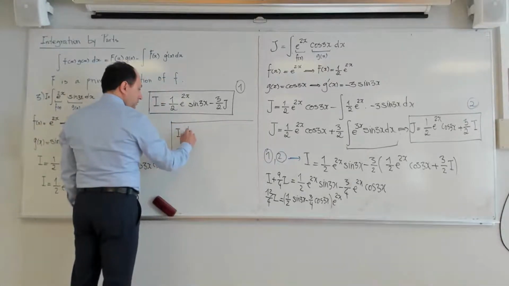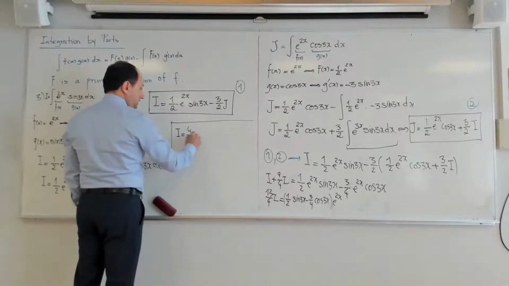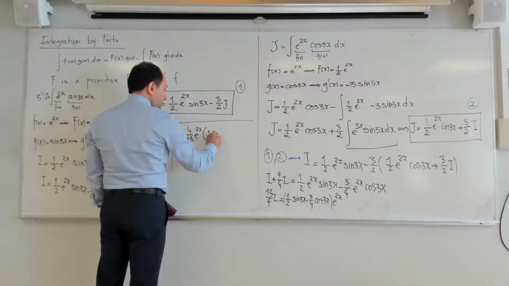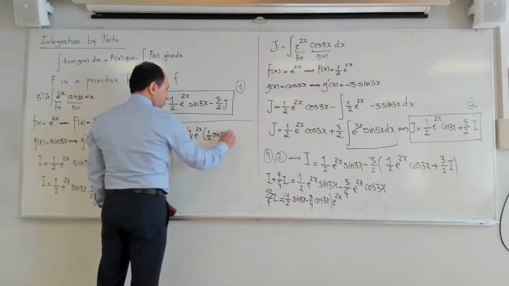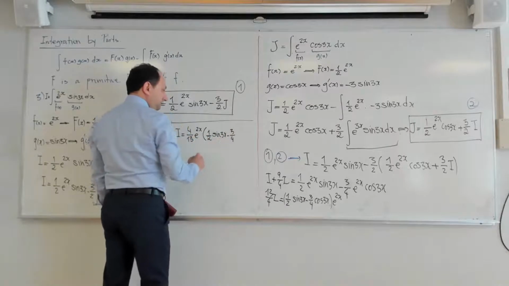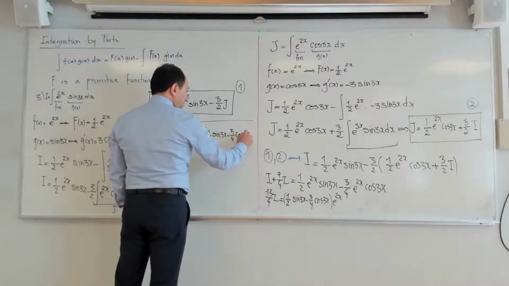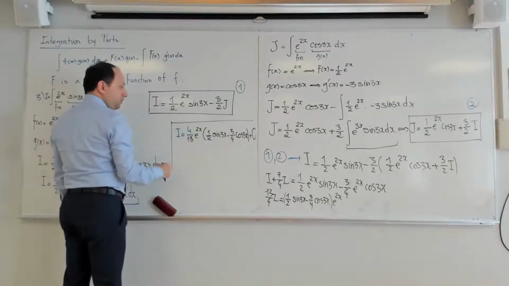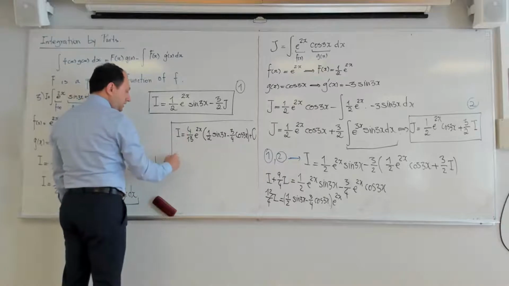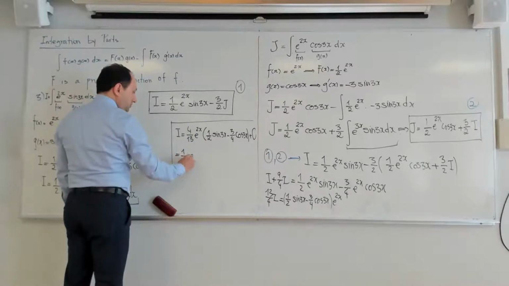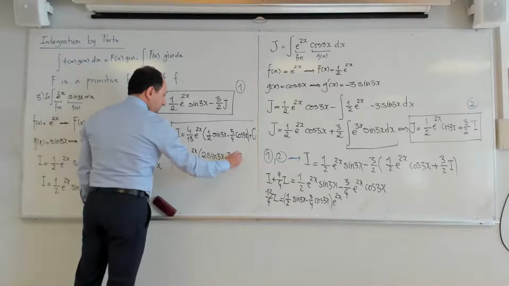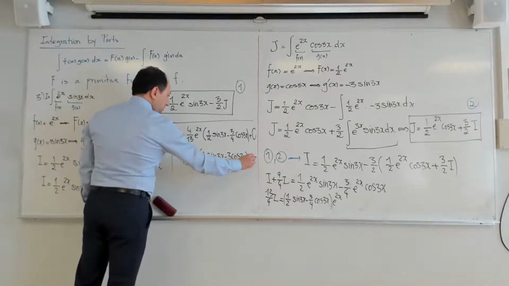I becomes 4 over 13 e to the power 2x multiplied by 1 over 2 sine 3x minus 3 over 4 cosine 3x. And of course, if you want, you can add a constant at the end. I myself prefer to factor 1 over 4 out to cancel this 4. So this becomes 1 over 13 e to the power 2x, and then it becomes 2 sine 3x minus 3 cosine 3x. That's it, plus a constant.